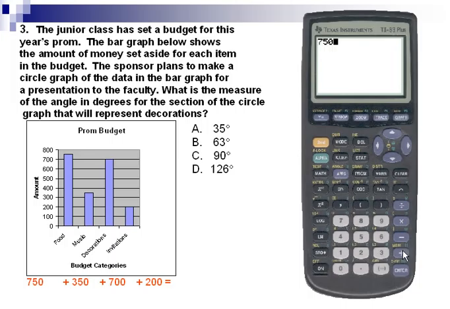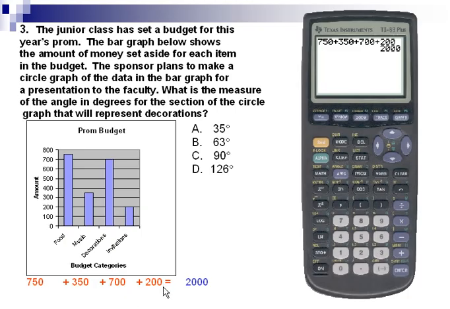So let's do the addition in the calculator to find the total amount of money that was budgeted for the prom. So the amount budgeted was $2,000.